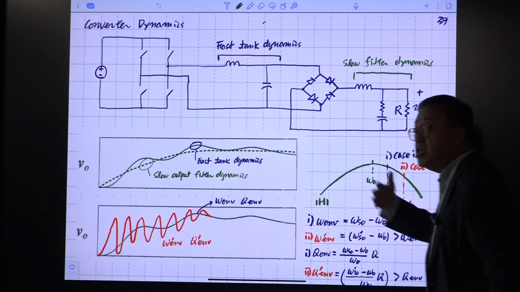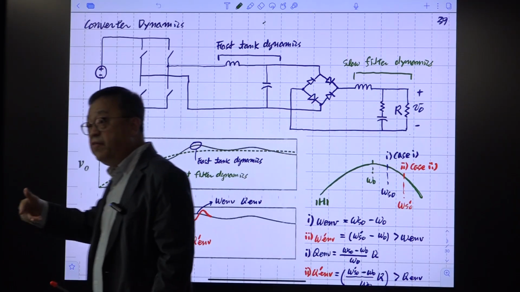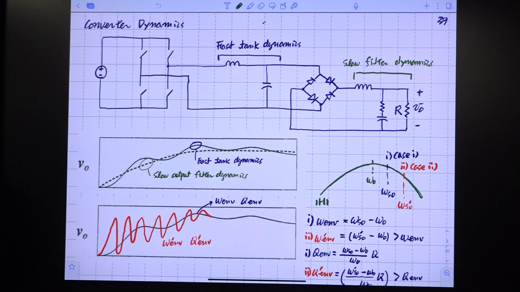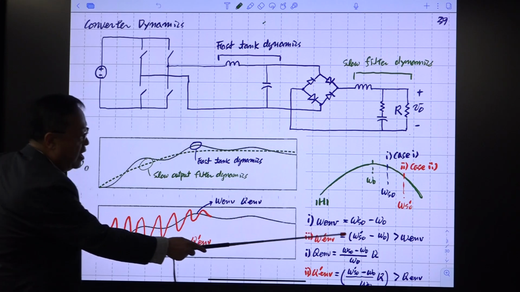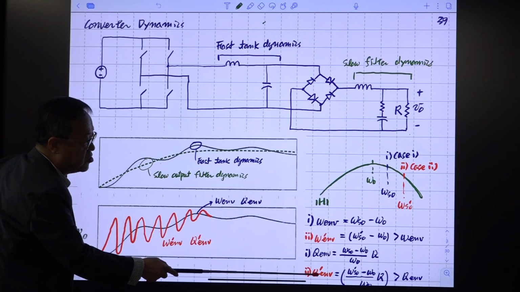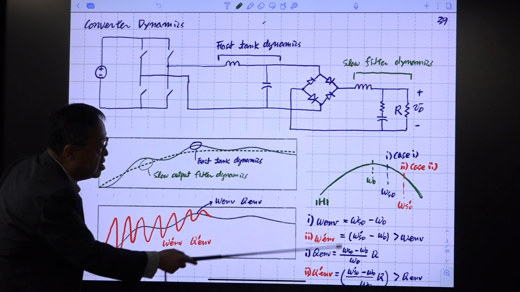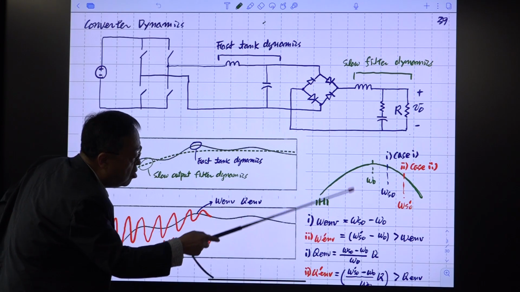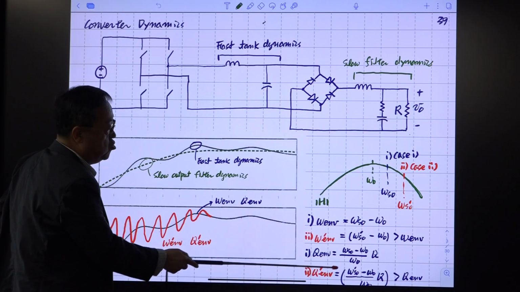Okay? You increase the omega_nb, then the dynamics in the output voltage due to the tank dynamics will be faster, right? And if you increase this one, that is the same as increasing this Q_nb, because this omega_nb is in the numerator of Q_nb.